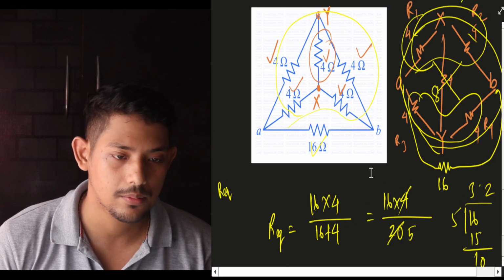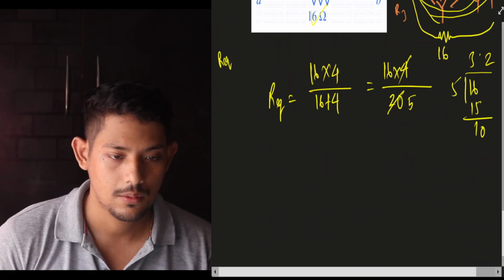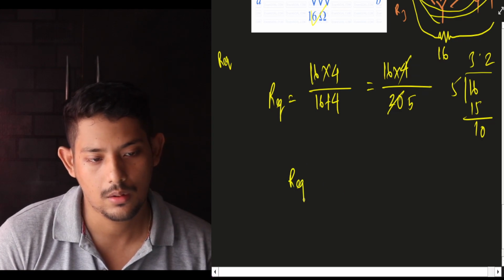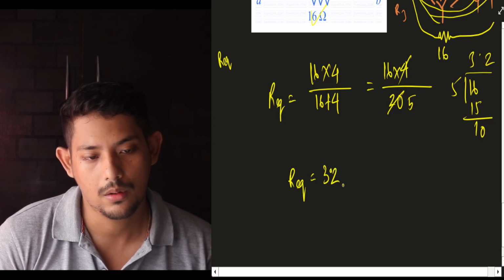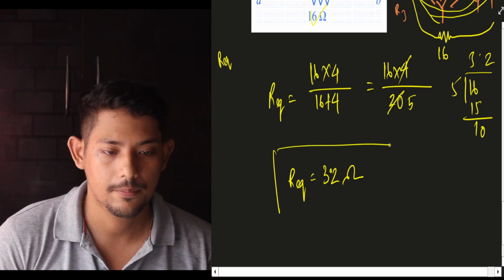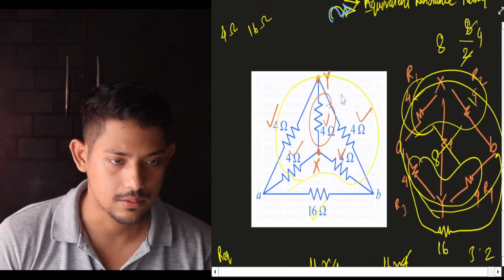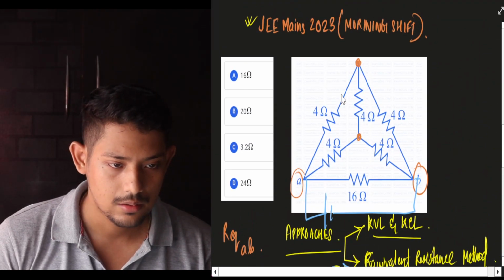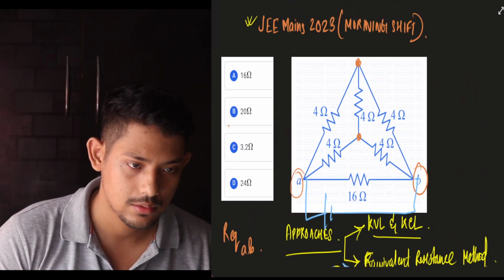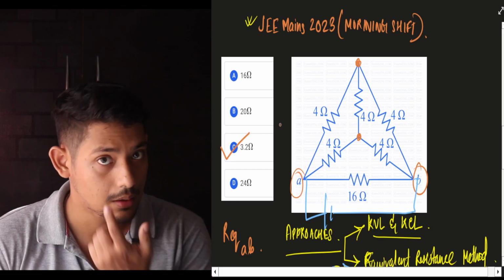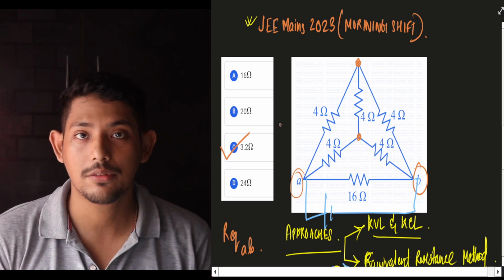R equivalent becomes 3.2 ohms. Okay, so this is our solution. Let's see if it is in one of the answers. Yes, there is one option, 3.2 ohms. Hopefully you guys were able to understand.